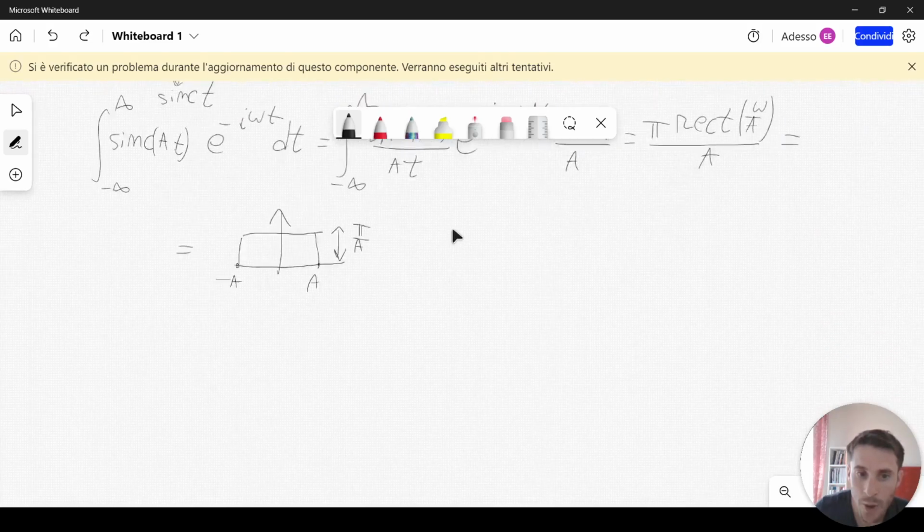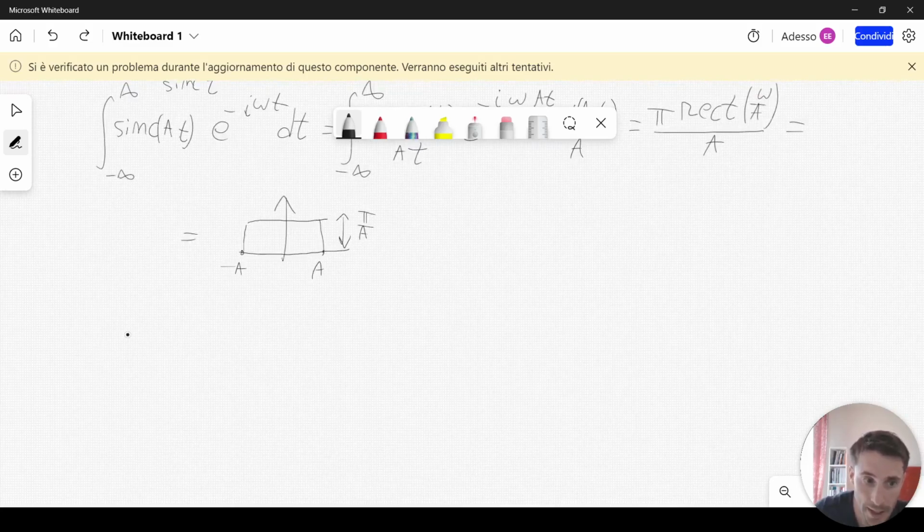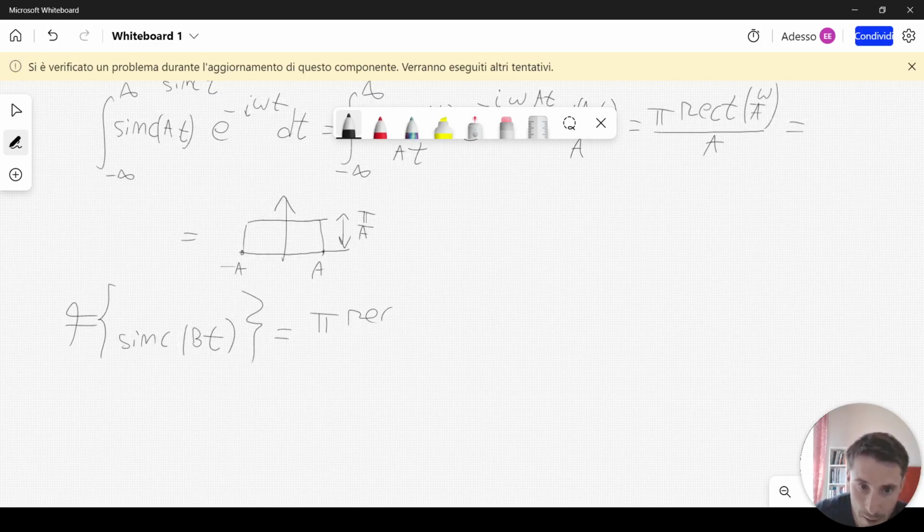And similarly, you can take the Fourier transform of the sinc function of bt. If you take the Fourier transform of this, you will get pi times the rectangular function of omega over b, divided by b. So you get exactly the same plot, but instead of a, you will have b, right? Now, since a is greater than b, we are multiplying the Fourier transforms of the sinc functions.